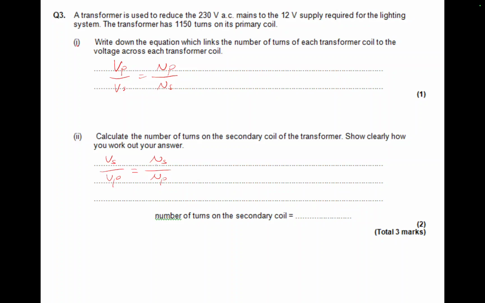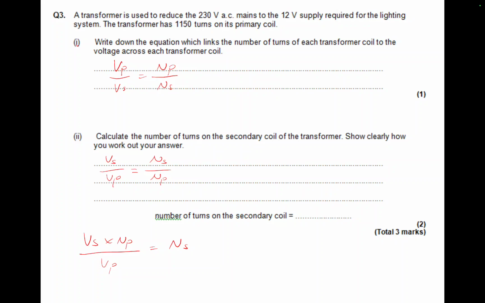So we need Ns on its own, we need to make it the subject, so we need to get rid of a divide by Np. So we multiply on the other side. So it's voltage secondary times number of turns on primary divided by voltage primary, and that'll give us number of turns on the secondary coil. Then we just need to put our numbers in.